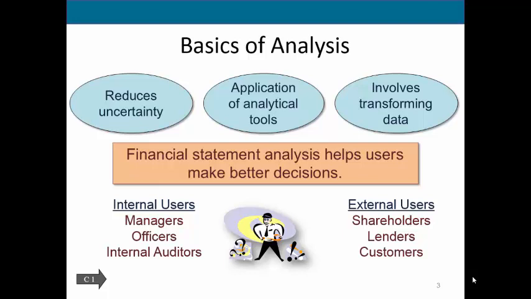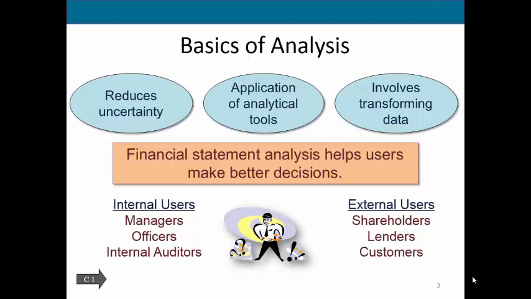Now, external users, on the other hand, are people who are external to the company. Or they could be lower level employees who are simply not decision makers. They're also considered external, even though they're employed by the company. So your typical external users are your shareholders. That's people who are looking at buying stock in your company or selling stock. Lenders, so this is banks and things, people who may lend you money. And customers.